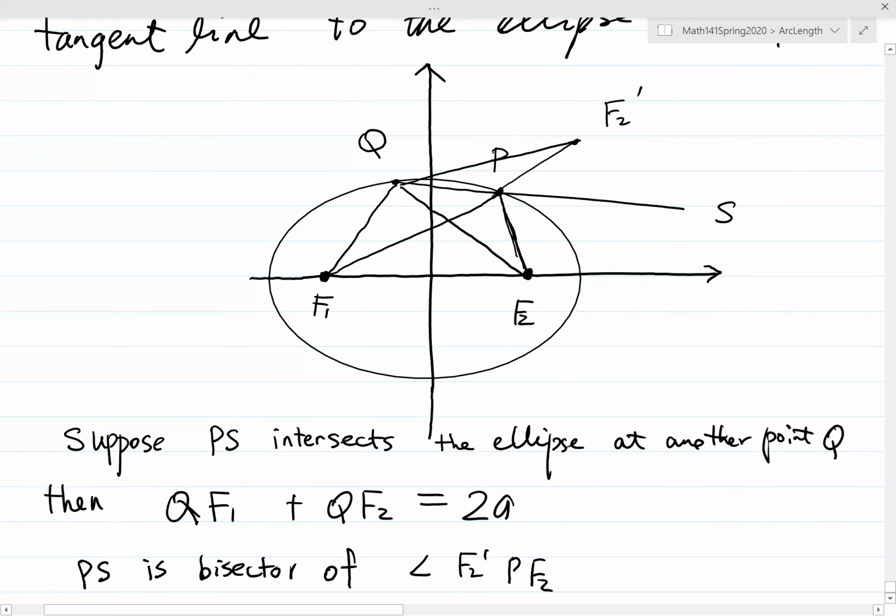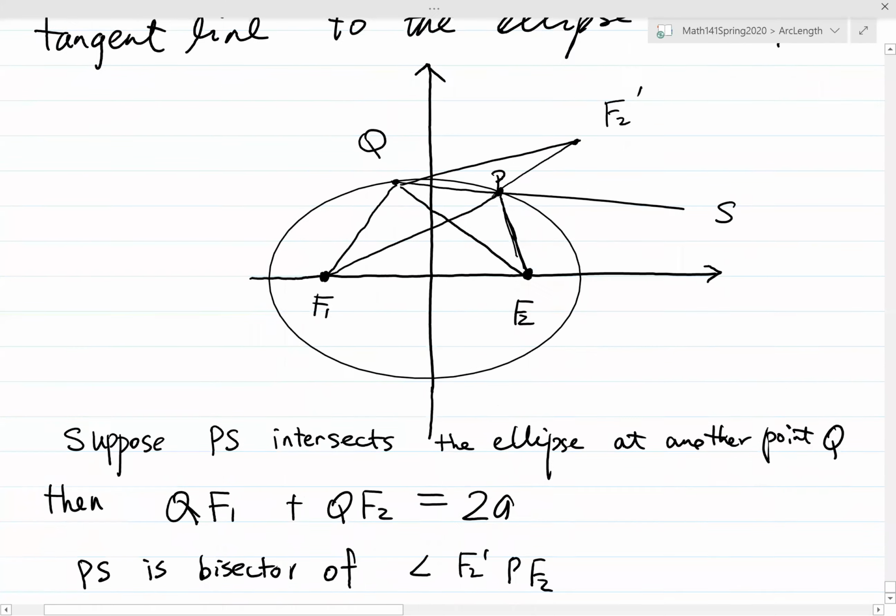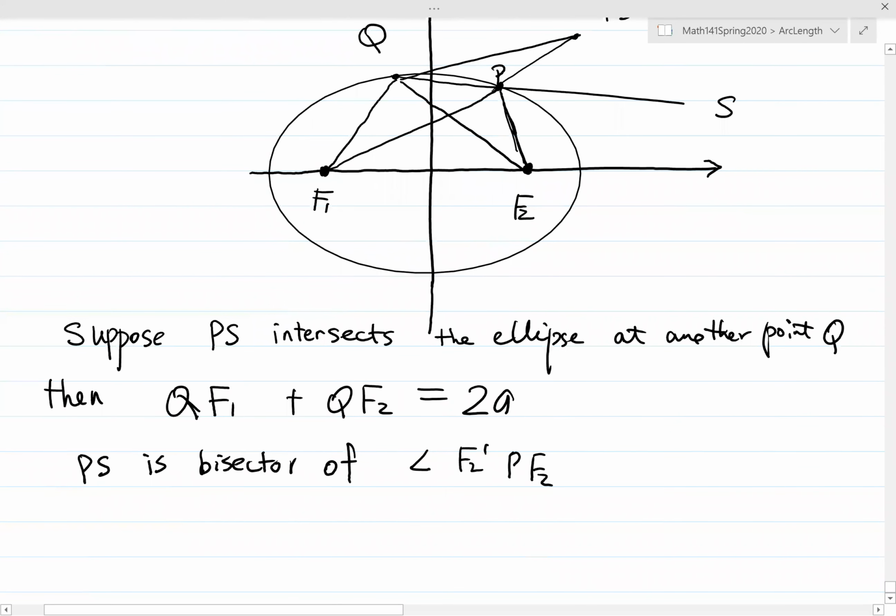Can anyone find some congruent triangles?